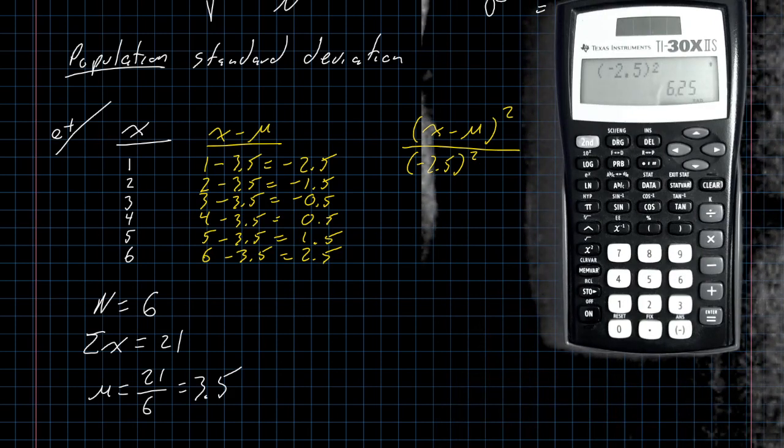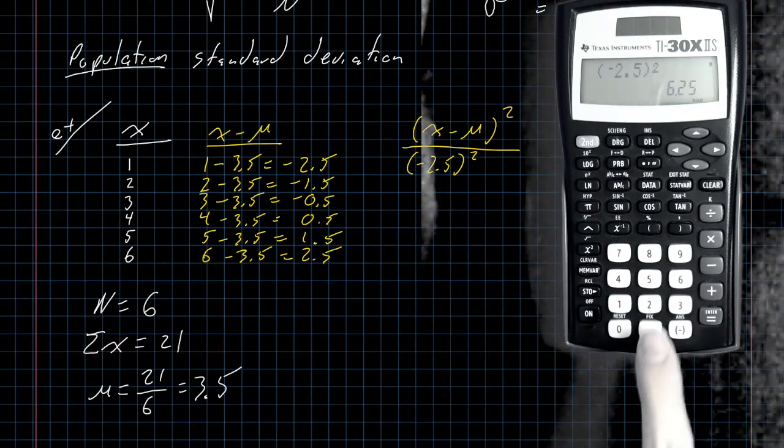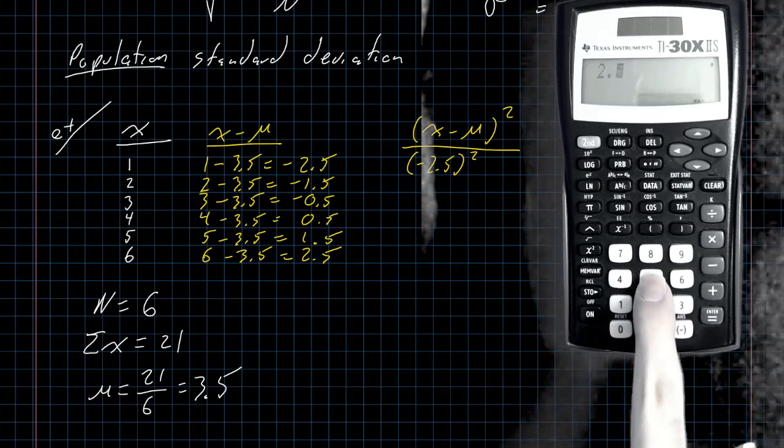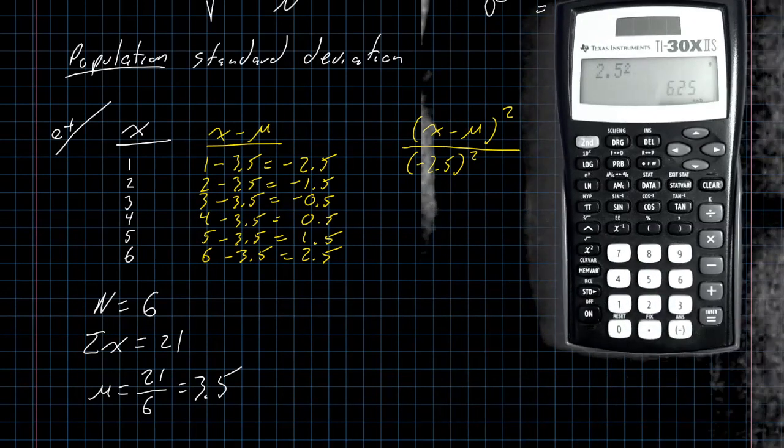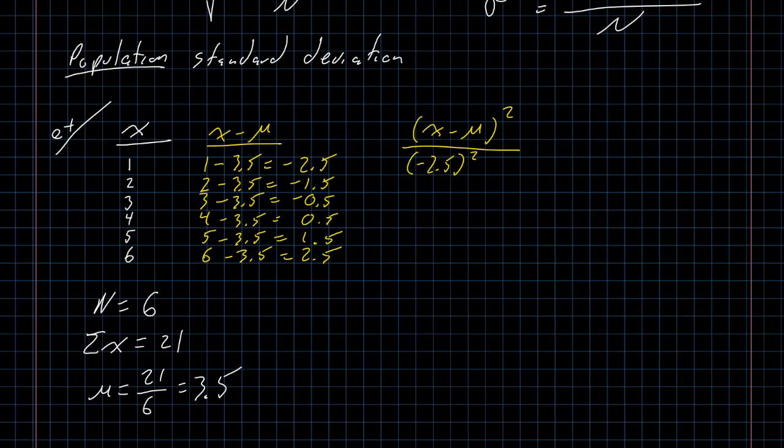Or you can take the lazy approach, and you know that whether the number is positive or negative to begin with, the result is going to come out positive, and just leave the negative off when you punch it into your calculator. All of those approaches will work. I think this is the fastest one, and it allows us to quickly get through all of these calculations. So negative 2.5, the whole thing squared, is 6.25.